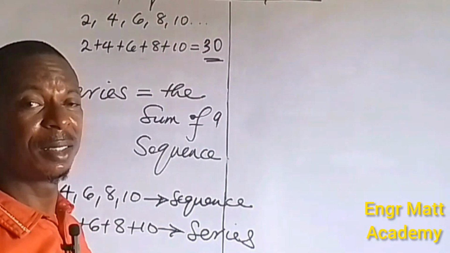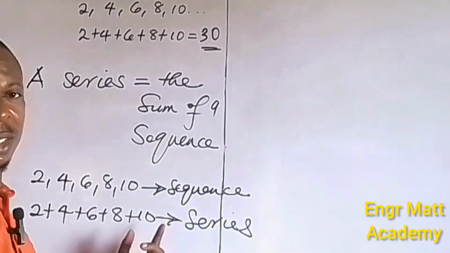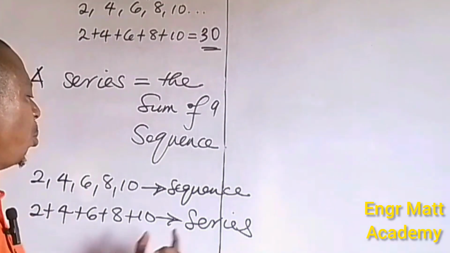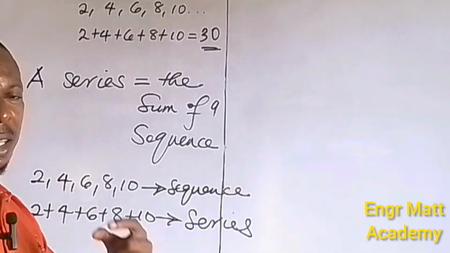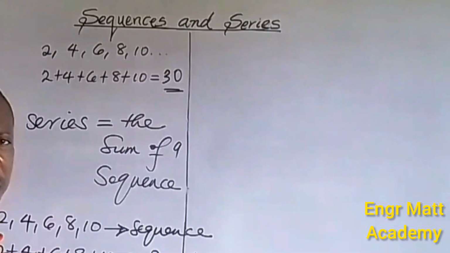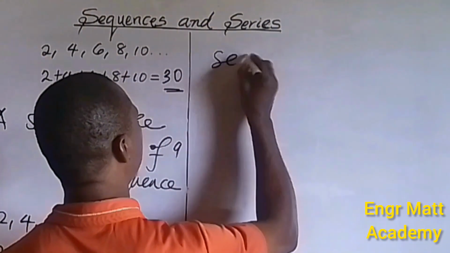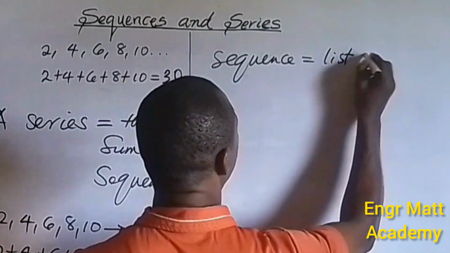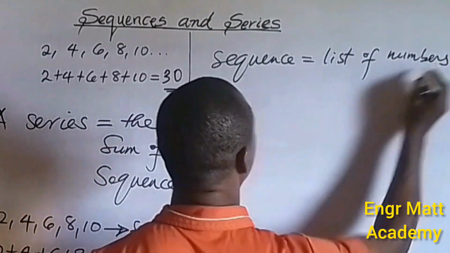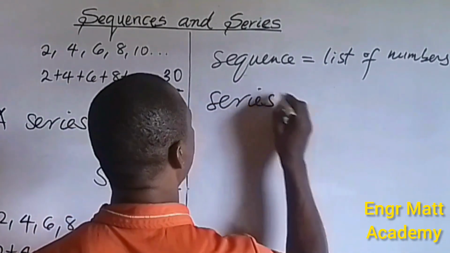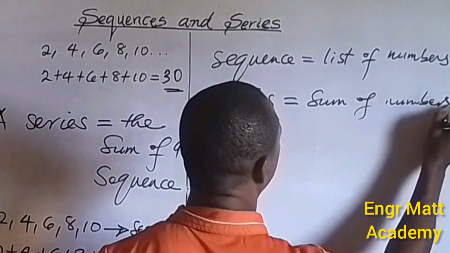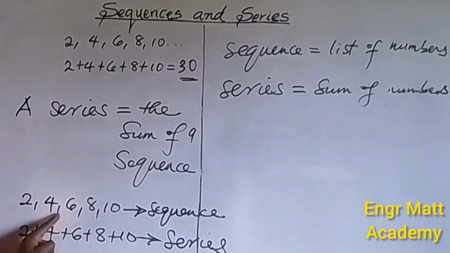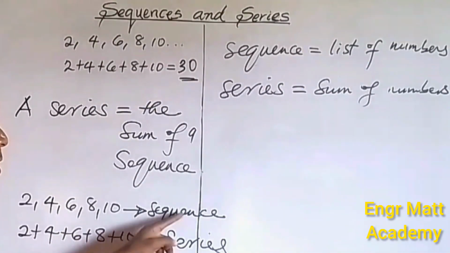And that is it. You see the difference? In sequences, we only list numbers, but in series, we add numbers to get the sum. This means that sequence is equal to list of numbers. Series is equal to sum of numbers. So when you see commas, think sequence.